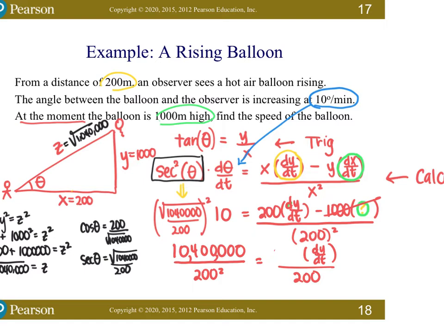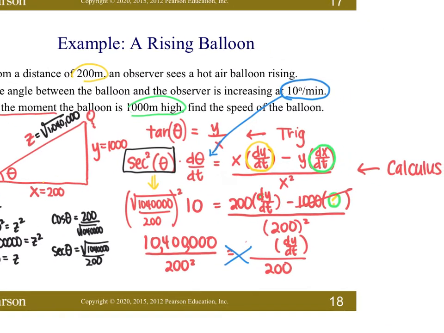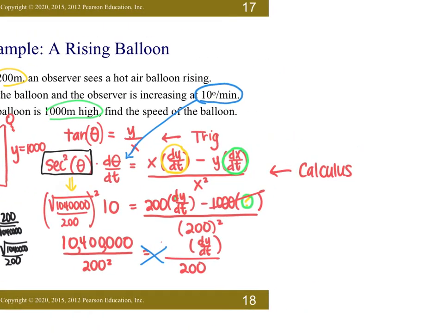So this now becomes an algebra problem where we cross multiply that way. And then we'll have 200 squared times dy dt equals 10,400,000 times 200.